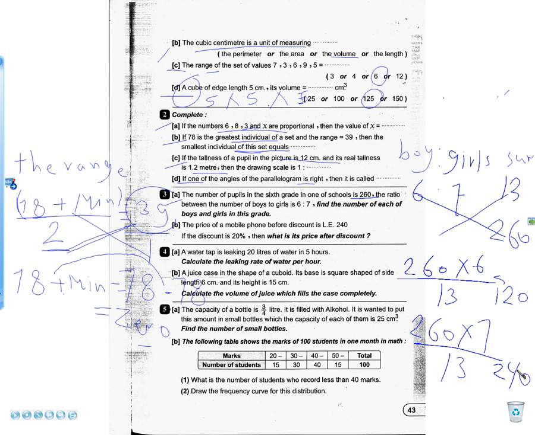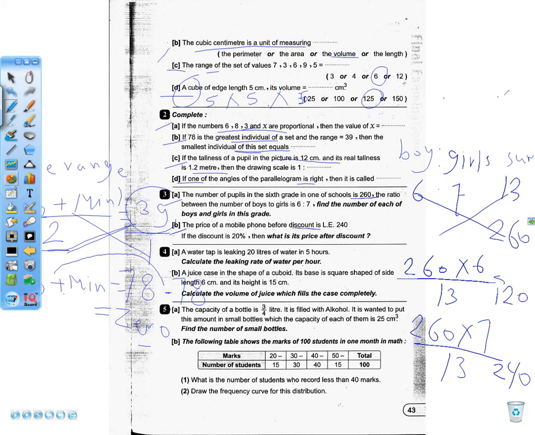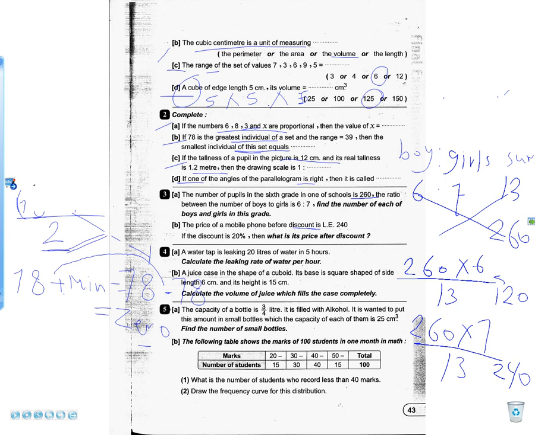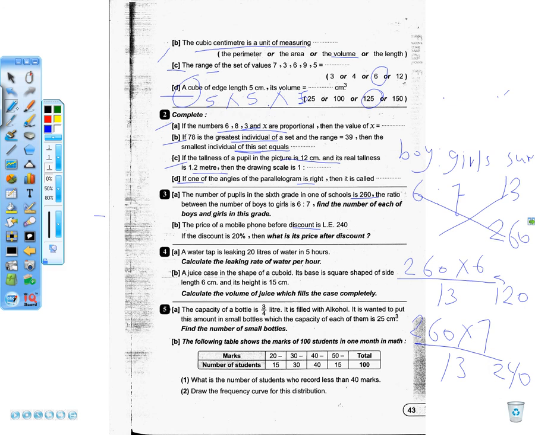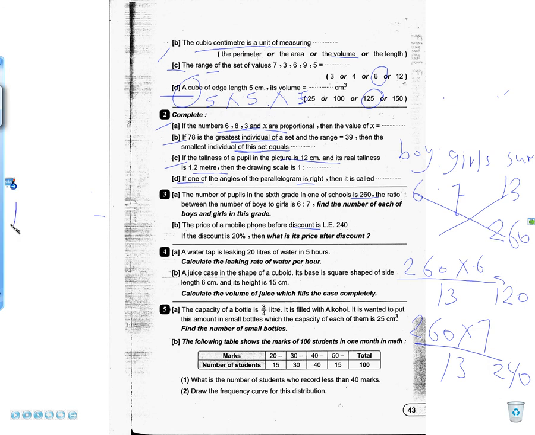Then we move to letter B. The price of a mobile phone before discount and after discount. So we should write before discount and after discount, to be answered clearly and easily, as we've learned before.